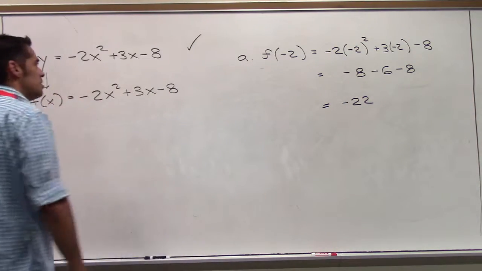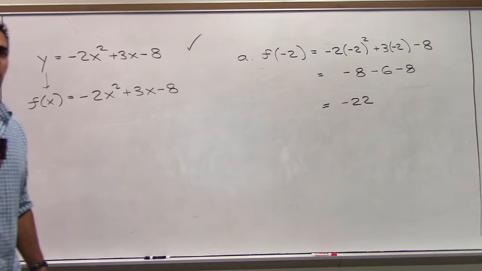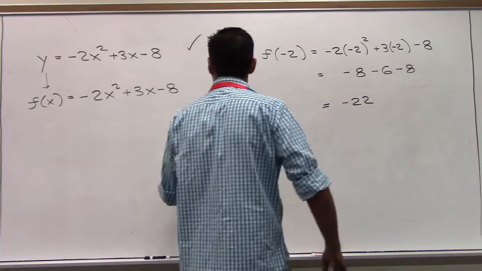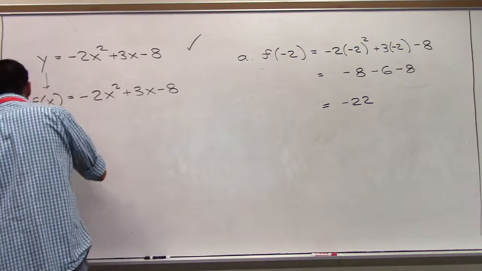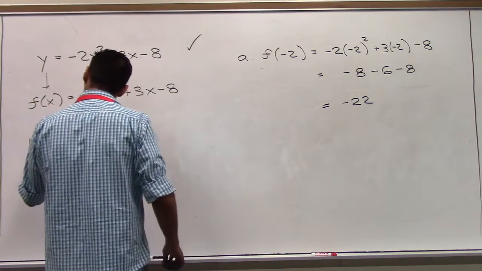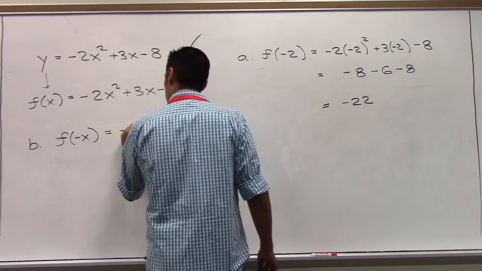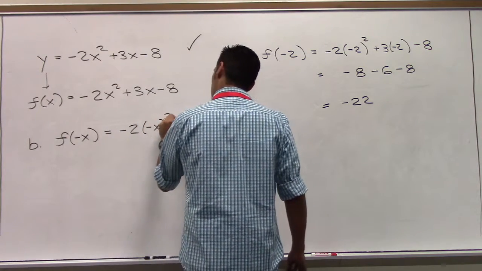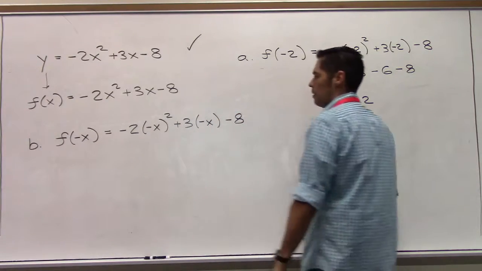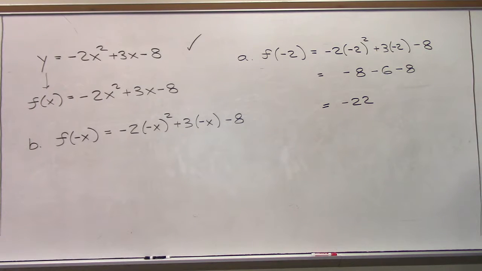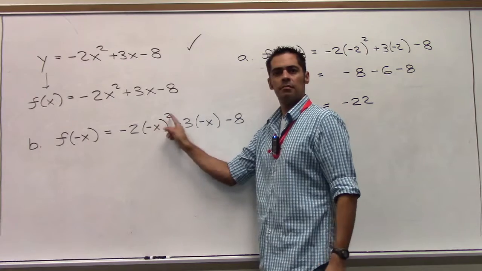All right, now let's do the next one, part B. We want to plug in negative x. So replace all of your x's with negative x. What would happen when we square the negative x?